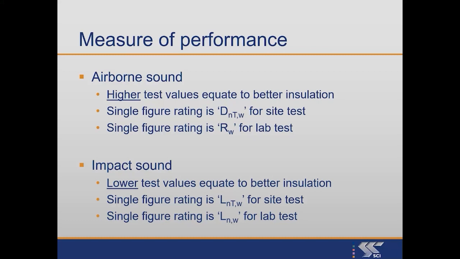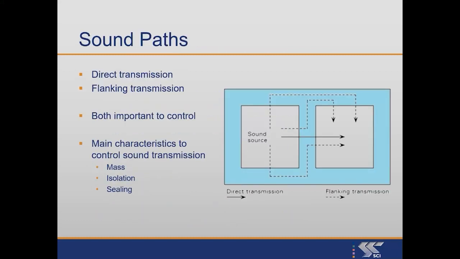We've got an L instead of a D because we've got a noise level instead of a noise difference, and the single figure rating for the lab test is Ln,w. So as you can see, it's quite a few different terms and measures that you'll see on different test reports and that sort of thing, depending on how the things have been measured and what type of sound they're for.